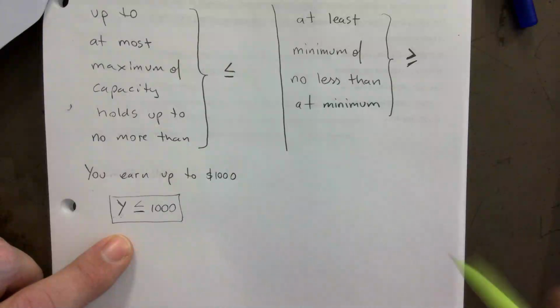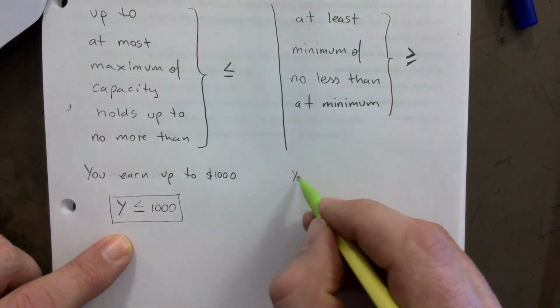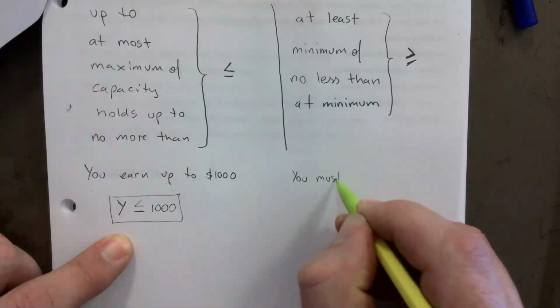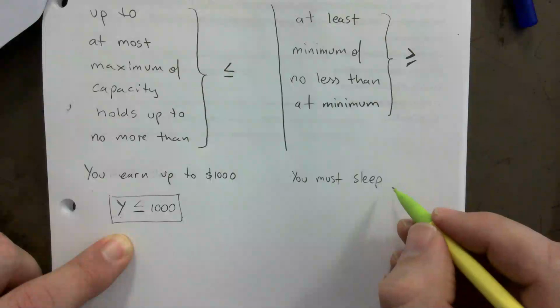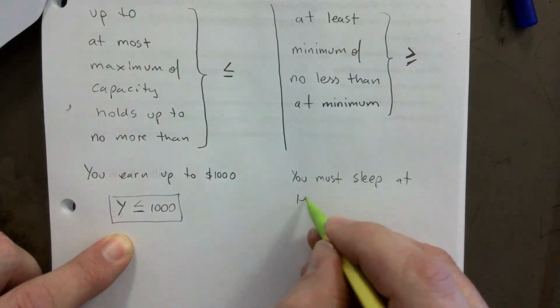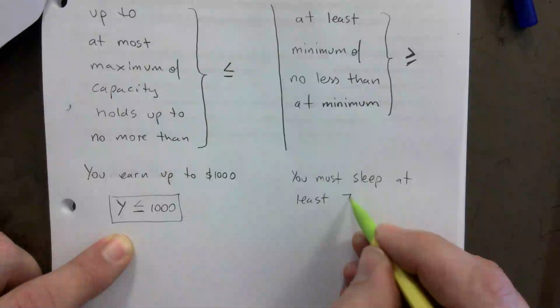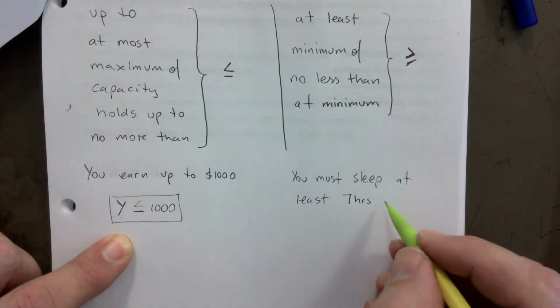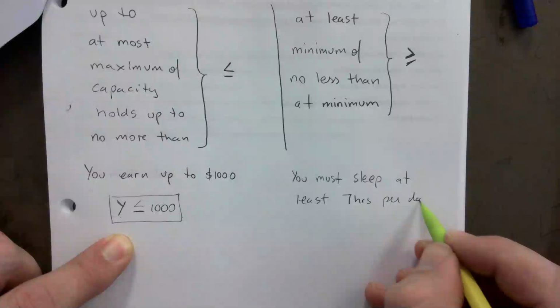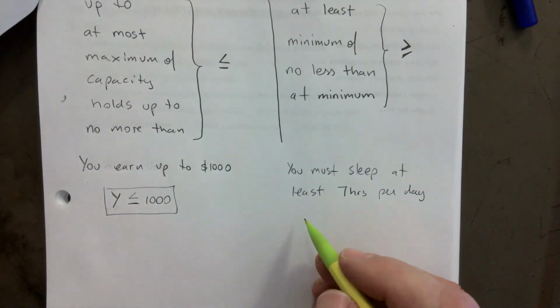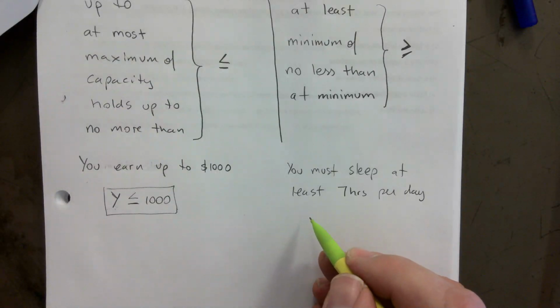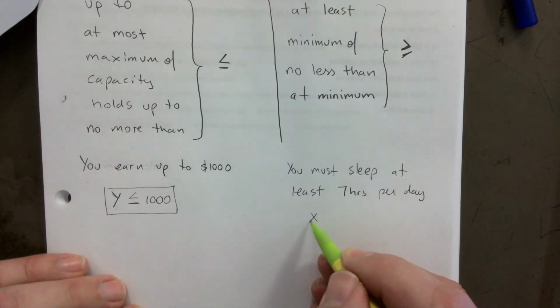So the words translate to this inequality. I'm going to use this sleep example here. You must sleep at least 7 hours per day. Let's let sleep be X. X represents the number of hours that you slept.